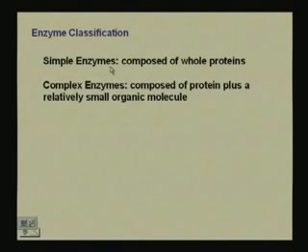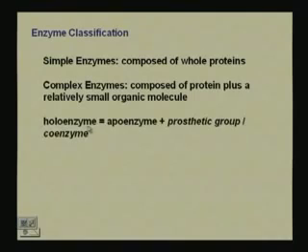If you have a complex enzyme, it is not the protein alone that can act on the substrate, but it will be composed of a protein plus a relatively small organic molecule. A complex enzyme is what is called a holoenzyme.